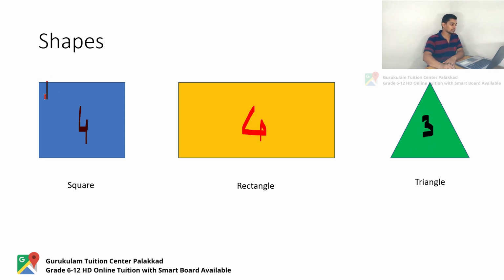The square has 90 degrees here, here, here, and here. The rectangle also has 90 degrees at all four corners. And the triangle has an angle here, another here, and another here. Just because of the 3 angles, the name came like triangle.